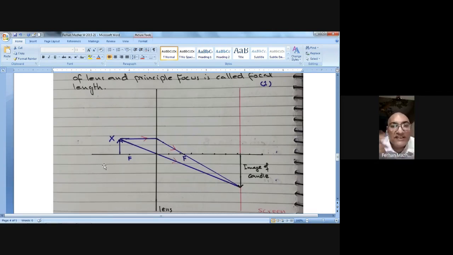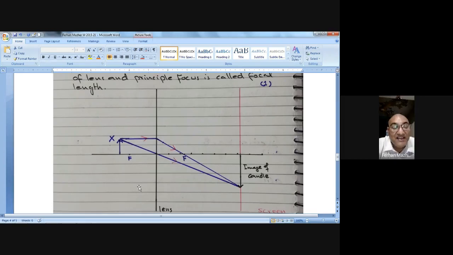So the first thing he asked us was to mark F on both sides of the lens. At 2.4 centimeter distance, I marked this F, and 2.4 centimeter on this side, I marked this F. Remember one thing: when you are working on graph paper that was provided by the examiner, and the diagram is already there, you will count the squares, not put a scale there and start measuring.